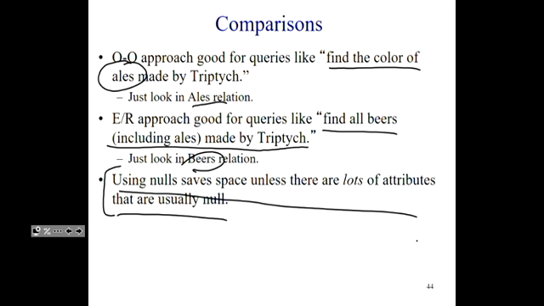Okay, so the null approach usually lies somewhere between the object-oriented approach and the ER approach in most cases. But often for a given query, either the object-oriented approach or the ER approach ends up being better than the other two. Okay?